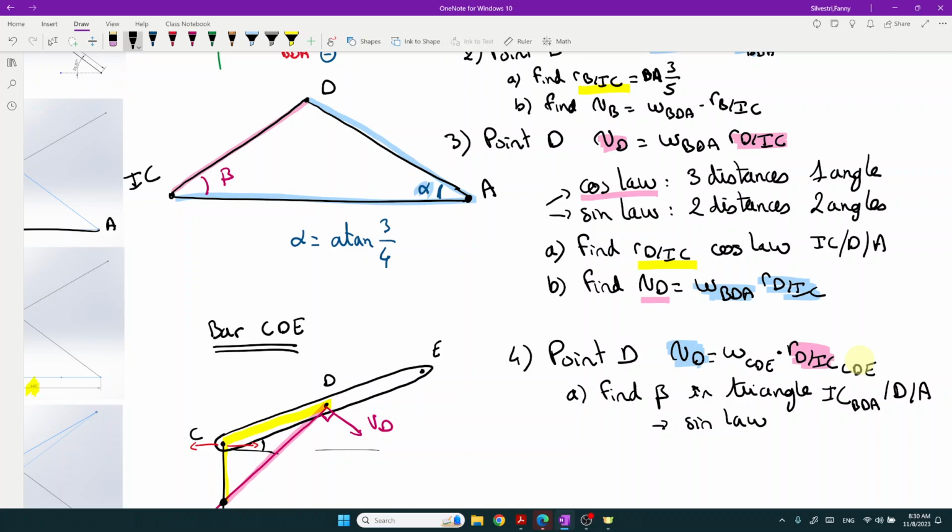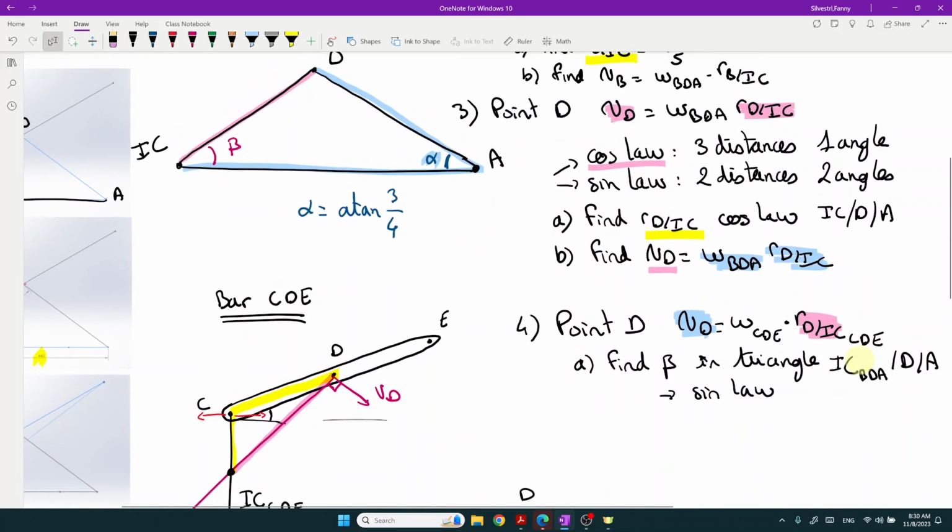This is easier when we try to find the angle. So what do we know? We know that sine beta divided by the opposite side, DA, equals sine alpha divided by the opposite side, that was the RC about IC from BDA. So these steps are on BDA, from the previous step.